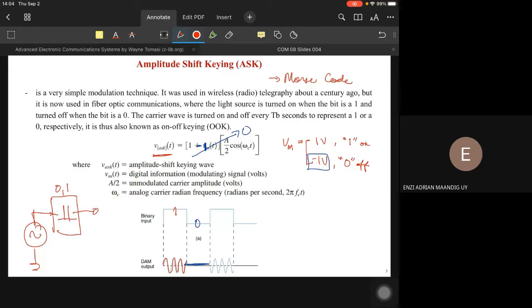Manual nga switch, kung on is i-push ang switch, kung off dili push ang switch. But of course, ang actual na electronics ana is dili gid switch lang yun. Okay? So, ASK.